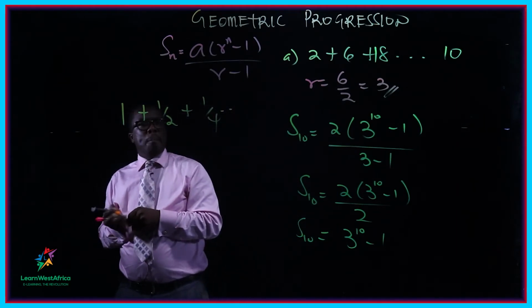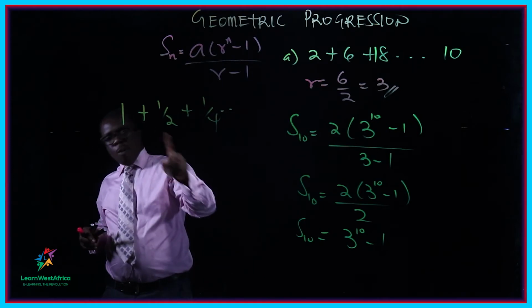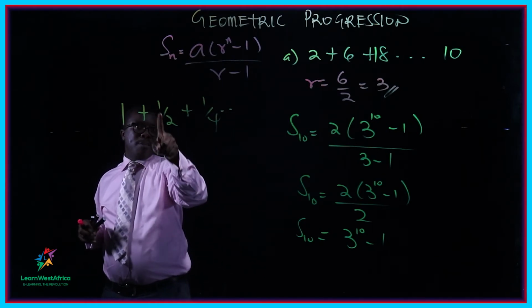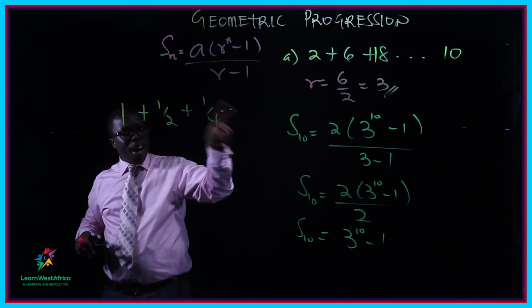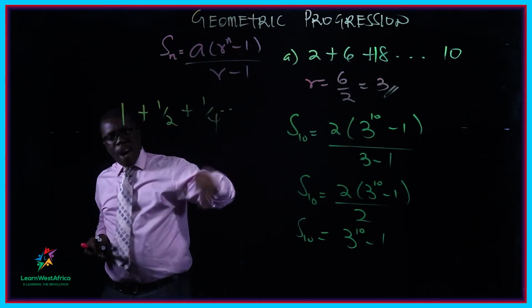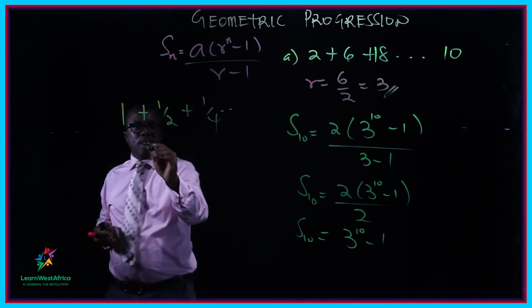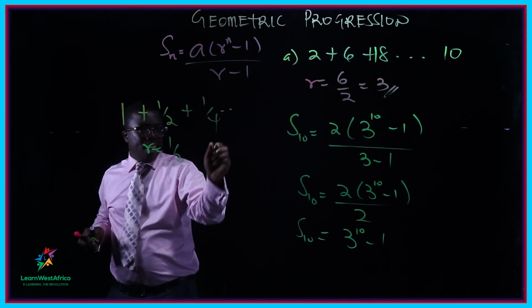If you find the common ratio, you realize that the common ratio drops. Because half divided by 1 is half. A quarter divided by half will give you half. So here you have the common ratio being a fraction, in which case your r will be half. You see that your r is less than 1.